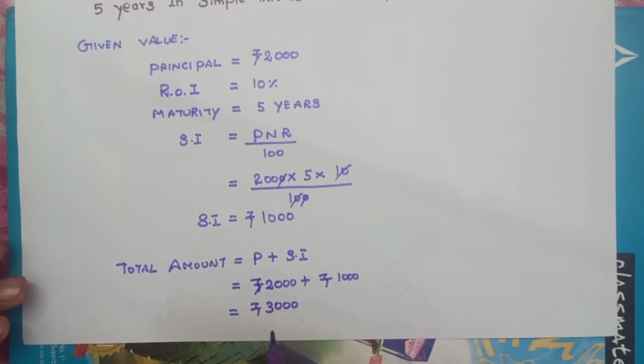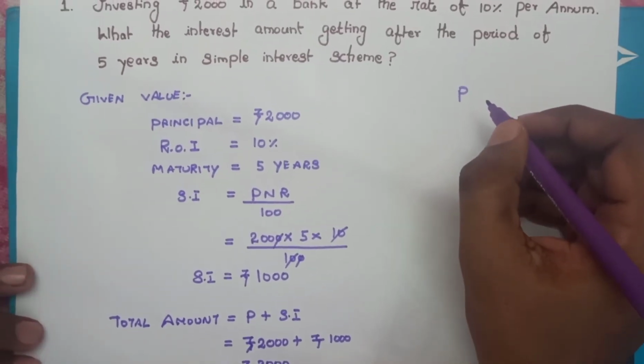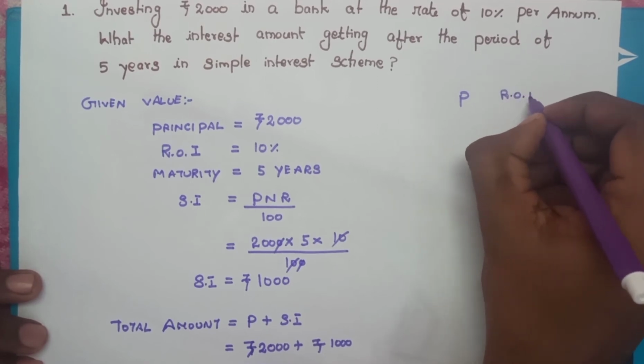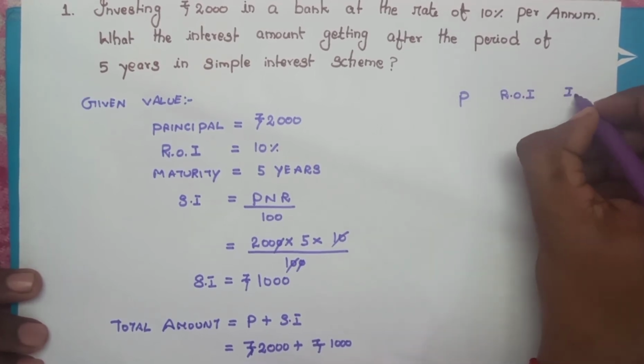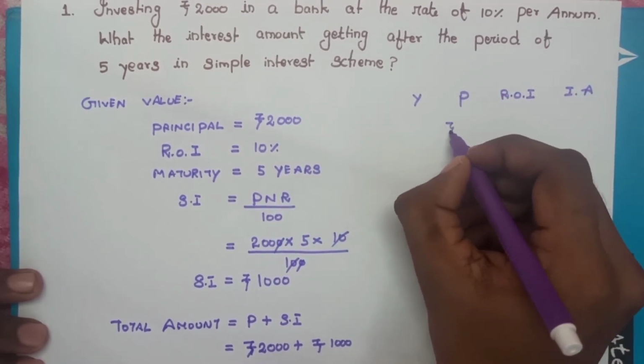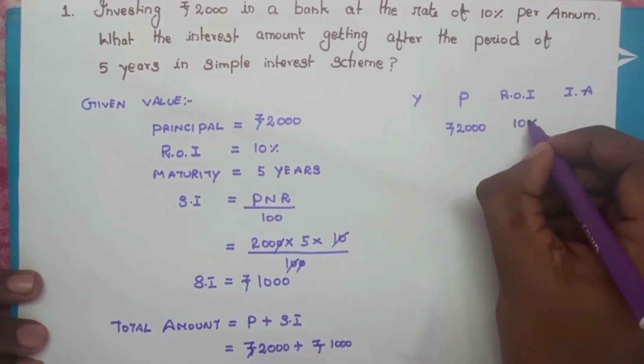Let me solve this same problem in actual terms, as we have seen in the earlier example. So here: principal, rate of interest, and interest amount. Initially you have invested rupees 2000 in a bank. The bank will offer 10%.